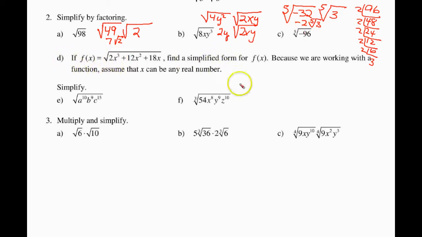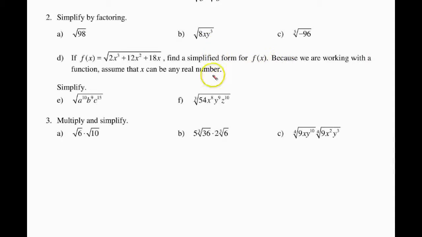All right, as we look at D, D gets a little challenging. So let me do it down here. I'm going to factor this. I'm going to take out a 2x, and then I get x to the second plus 6x plus 9.